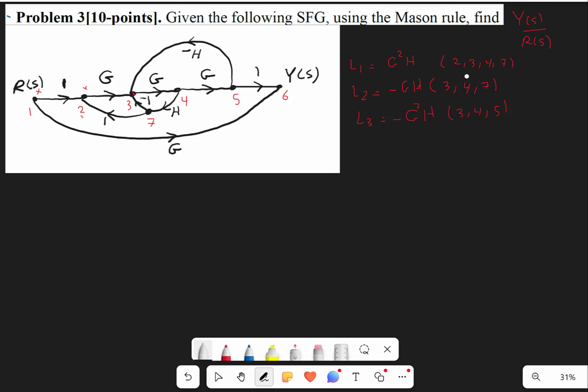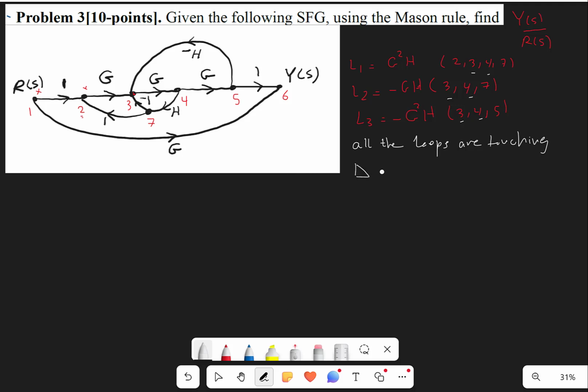Now if we examine here, we can see that 3 is common and 4 is common, so this means that all the loops are touching.